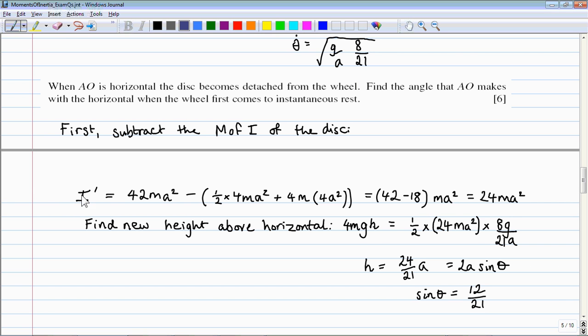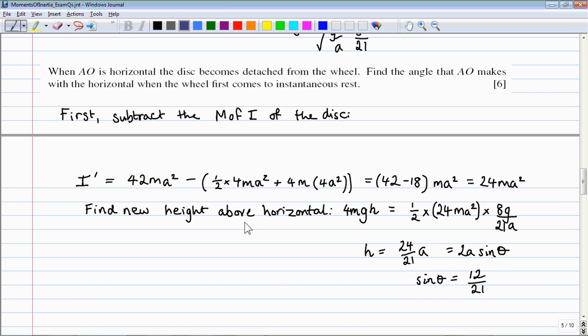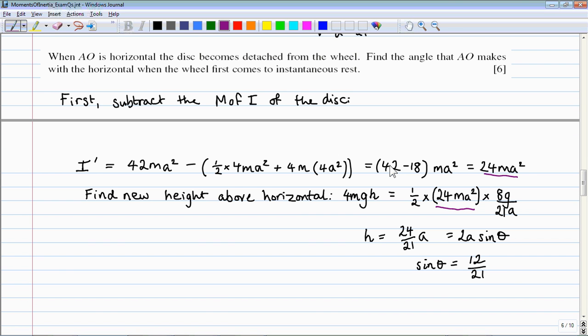So that's, I've put I dash, that's the new moment of inertia. Now the height above the horizontal, see if you can understand this, will be found by equating half times that, so just to see the connections here, half times that moment of inertia there times theta dot squared calculated in the previous part, which was the square of the starting angular speed.